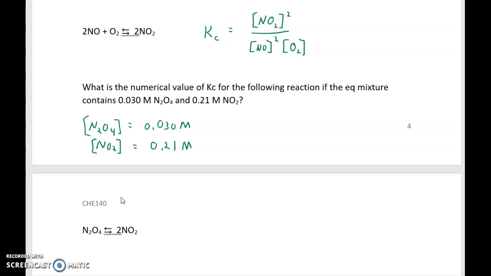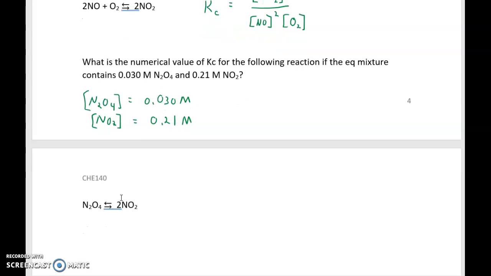Well, let's look at our equation down below here and write our equilibrium constant. The equilibrium constant is going to be equal to the products, the concentration of the NO2 squared, divided by the N2O4. That's our reactant. The square comes from right here.